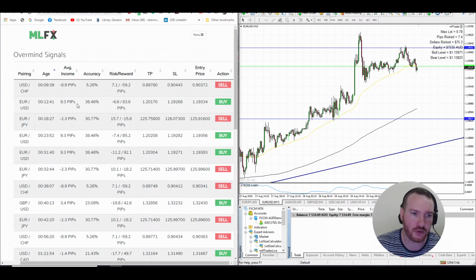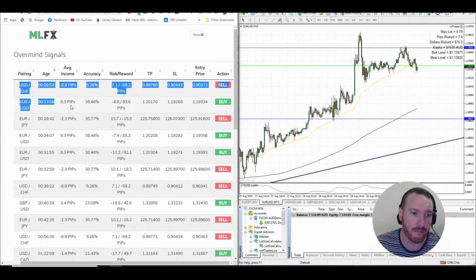You then want to be looking for a positive average income as the number one thing after that. That is the largest indicator that this will be a profitable trade, if on average you are making profit from the trades. Then you want to be looking at the accuracy next. So how often is this agent accurate, right?